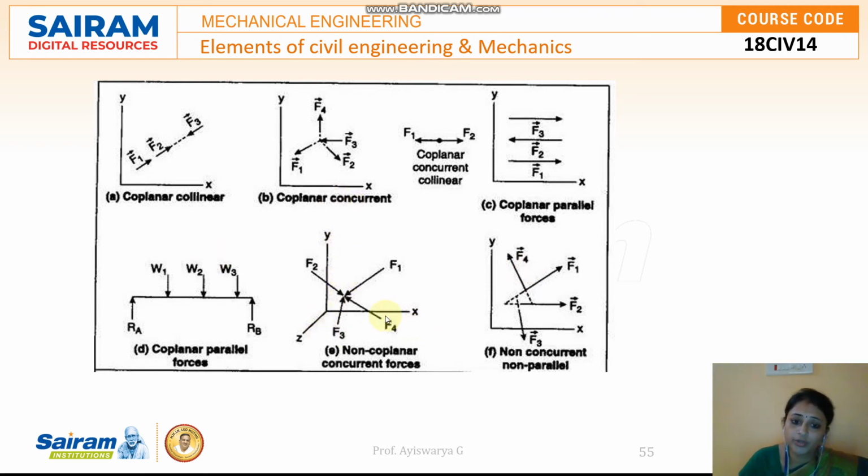You can also see the varying planes in the non-coplanar system. In a coplanar system you will see only the x and y plane, whereas in the non-coplanar system you will see the x, y and z planes. This is a perfect coplanar parallel force system, but these are non-coplanar, non-concurrent force systems.